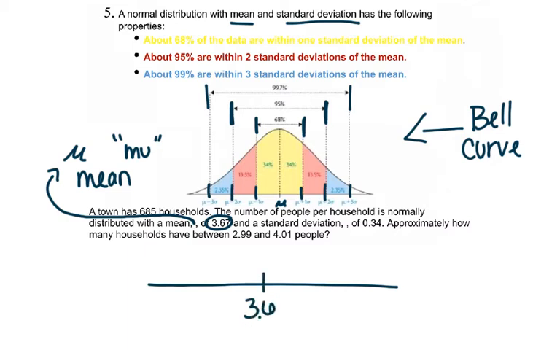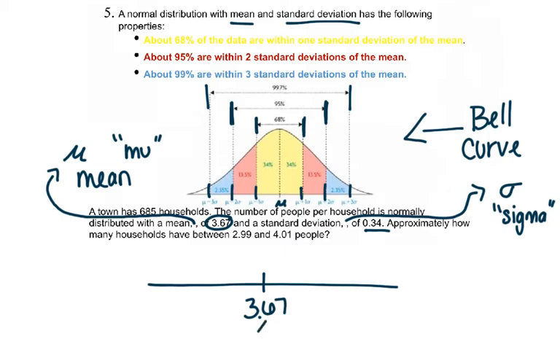So that's the average. And we have a standard deviation. So we're also missing another symbol. This is sigma. That's a Greek letter. Sigma stands for standard deviation. So our standard deviation is 0.34. Approximately how many households have between 2.99 and 4.01?